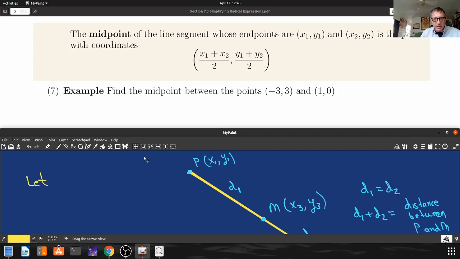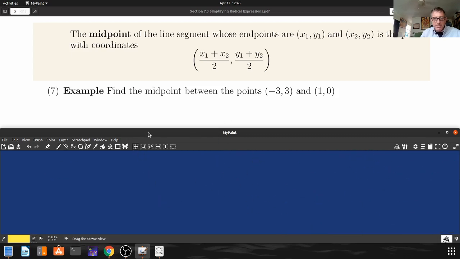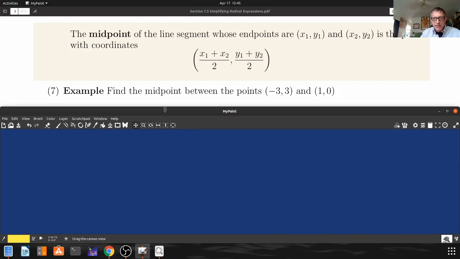So let's find the midpoint between these two points. I have one point, which is minus 3, 3, and the other point is 1, 0. If I draw a line between those two points, and we'll do it here in just a second, then I want to find the other point that is equidistant between the two.